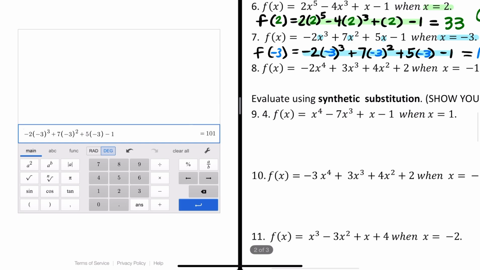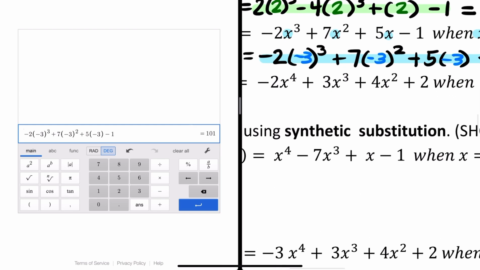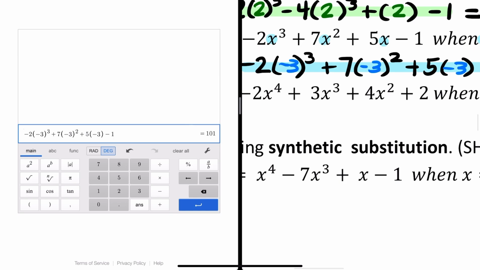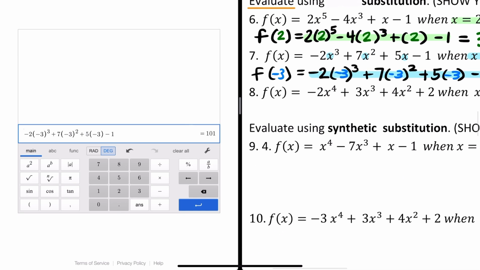Now, of course, in order to graph a function, you're going to need more than just one point. I suggest that for a polynomial function, depending on what the degree is, so if you look at number 7, the degree here is 3. So again, degree is highest exponent. So the highest exponent is 3.